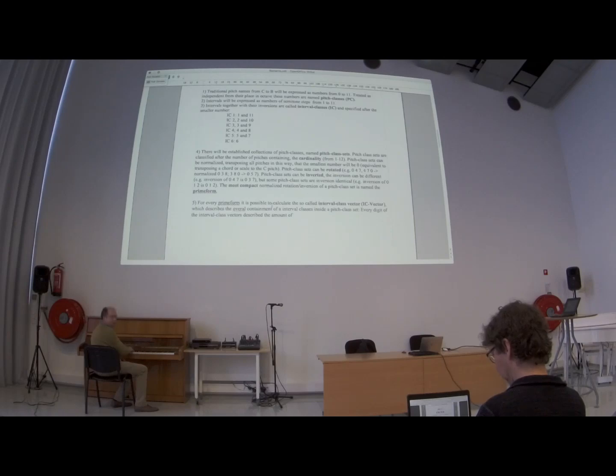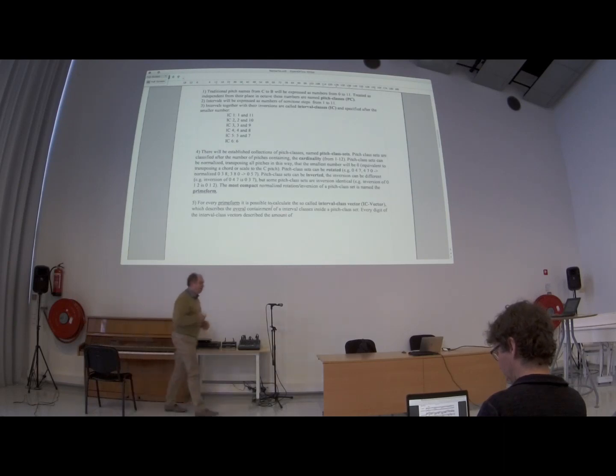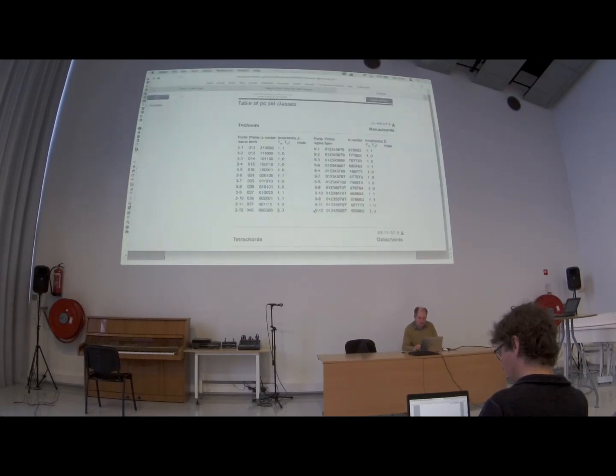It's also wider. We should look for the most compact structure, and that will be the label for the so-called prime form, the form which will be organized in our catalog of pitch collections. And they are then numbered, and we get here these so-called Forte names.